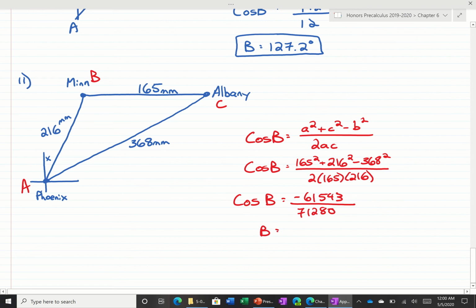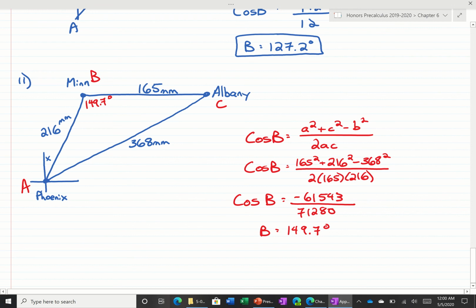And the inverse cosine of negative 61543 divided by 71280 is 149.7 degrees.